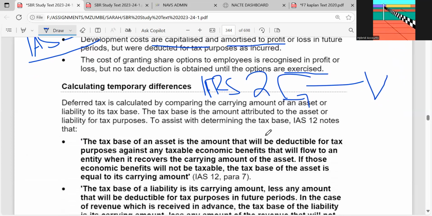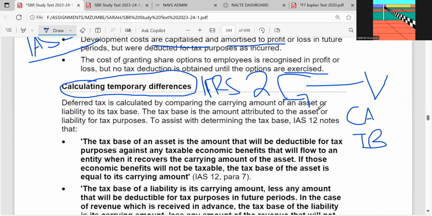Okay, now we are being given explanations on how to get temporary differences. I think we have done it already up there, right? That's how we get our temporary differences. So deferred tax is calculated by comparing, as I told you, the carrying amount of an asset or liability against its tax base, right?